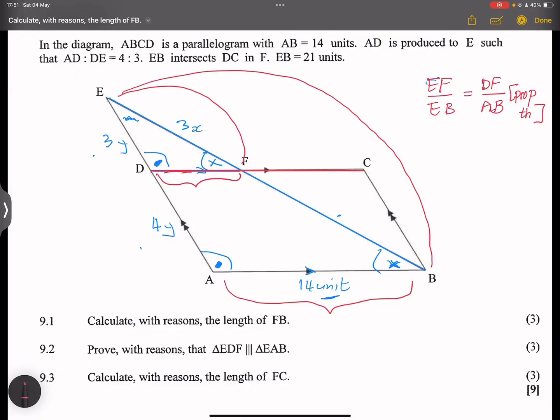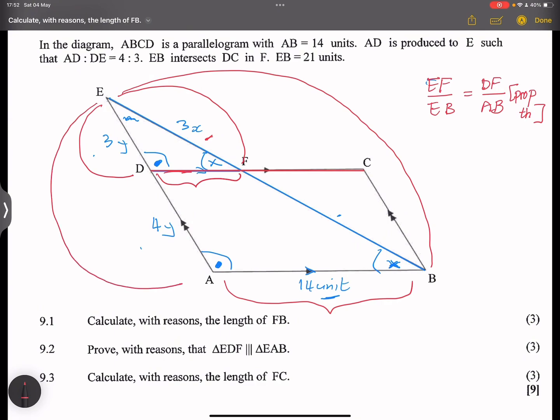But I know that EF over EB is 3x over the entire side, which is 7x. So in the same way, this is 3 over 7.